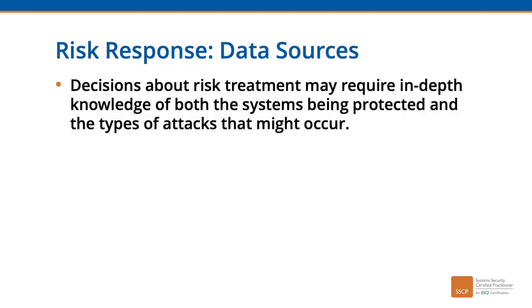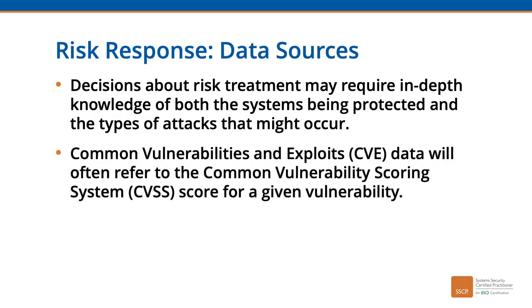Choosing to treat a risk may involve selecting controls to detect the occurrence of a risk event, prevent damage or compromise to information and information systems, alert security personnel to the event, and facilitate taking corrective actions. Decisions about risk treatment may require in-depth knowledge of both the systems being protected and the types of attacks that might occur. Some of this data is available from published sources of common vulnerabilities and exploits, CVE data, while other data will come from the organization's own system.